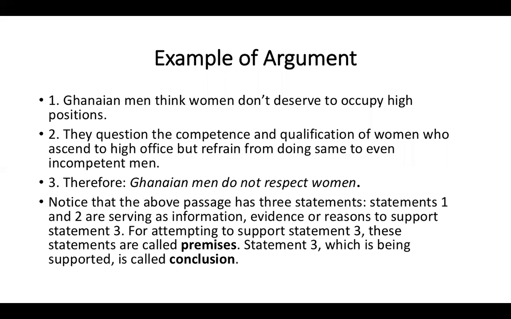So statement 3 is the conclusion. If you look at the three statements again, you can tell from the nature of statement 3 that it is a conclusion. You can see that statement 3 begins with the word therefore. Therefore suggests a conclusion. But we'll see more of that right now.